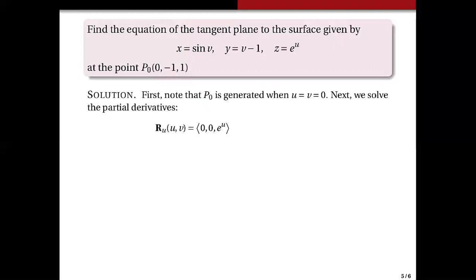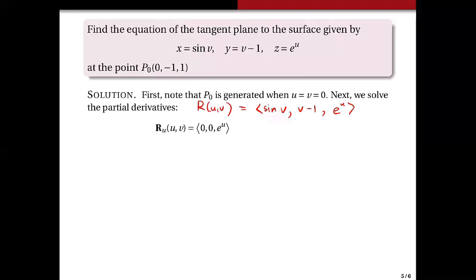So again, if you write your r(u, v) as sine v, comma, v minus 1, comma, e to the u, we'll get the partial derivative with respect to u.